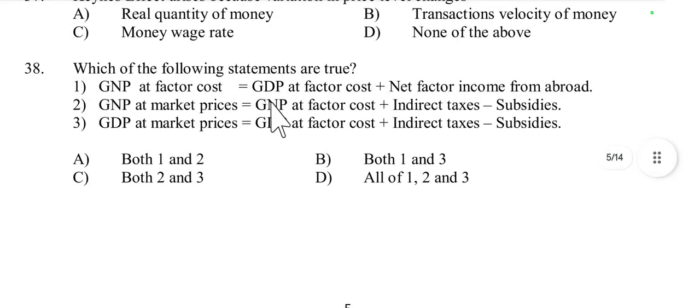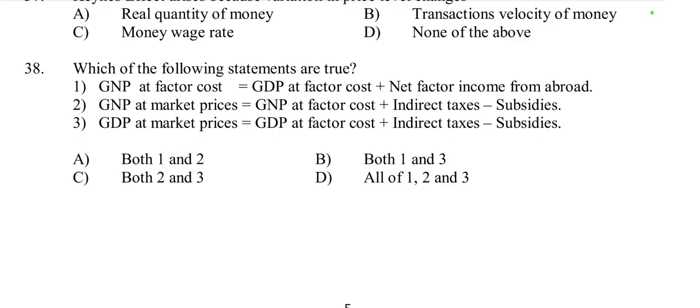Then question number 38. Which of the following statements are true? First one is GNP, gross national product at factor cost, equals GDP at factor cost plus NFIA, net factor income from abroad.